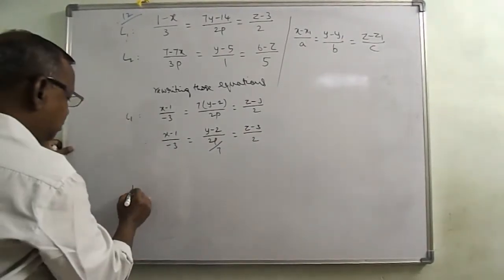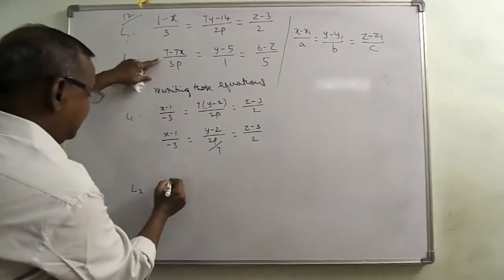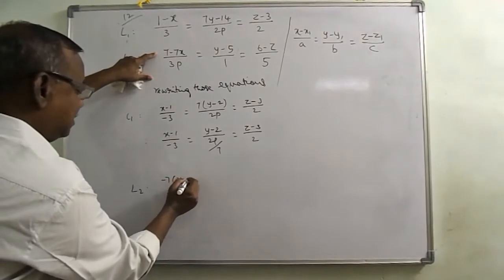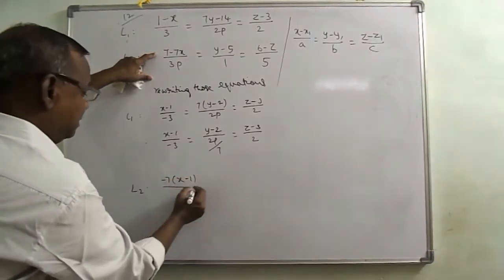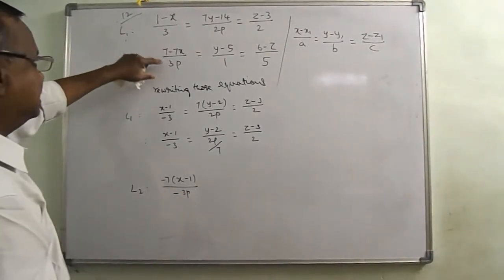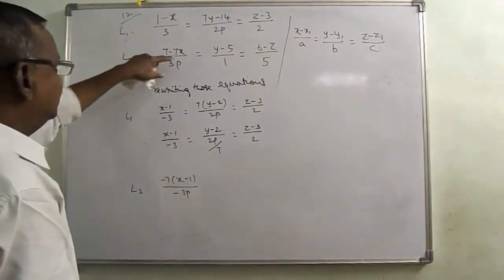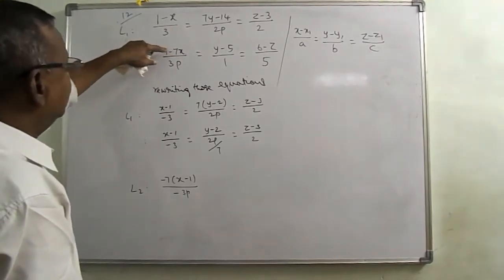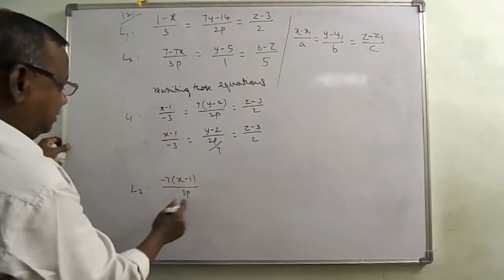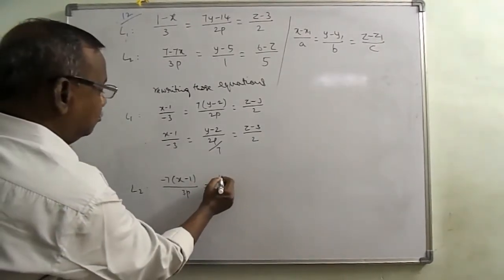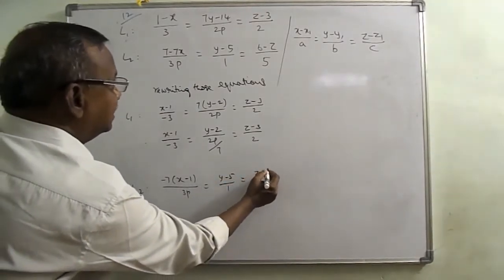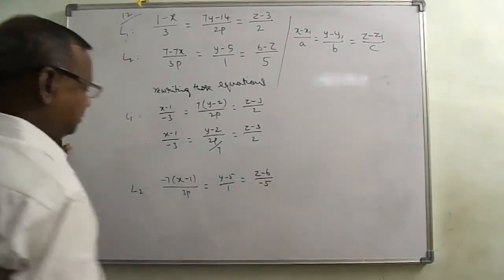Similarly, line 2, L2, becomes minus 7 into (x minus 1) divided by minus 3p. Multiplying numerator and denominator by minus 1, taking minus 7 in the numerator, it becomes minus 7 into (x minus 1) divided by 3p equal to (y minus 5) divided by 1 equal to (z minus 6) divided by minus 5.